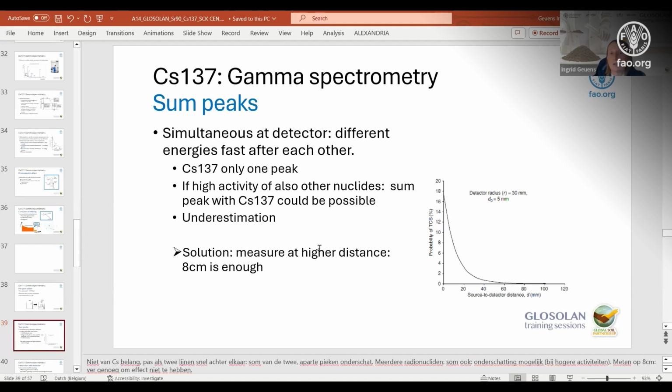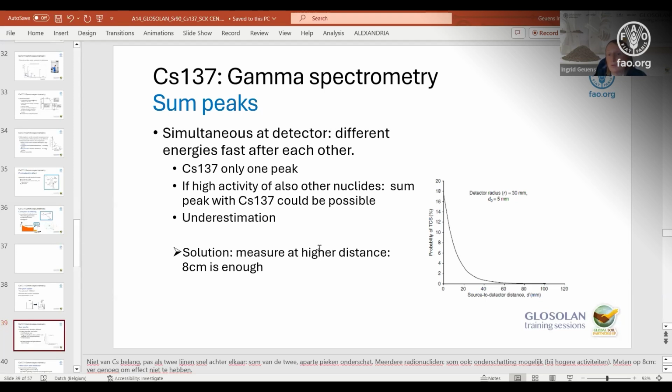If, however, there are a lot of other nuclides present and it's high activity, then indeed there can be some sum peaks. Then it's not a sum peak of cesium-137 with another cesium-137, but a peak from another isotope combined with the peak of cesium-137. It gives you an underestimation of your energy of the isotope, so an underestimation of your concentration.